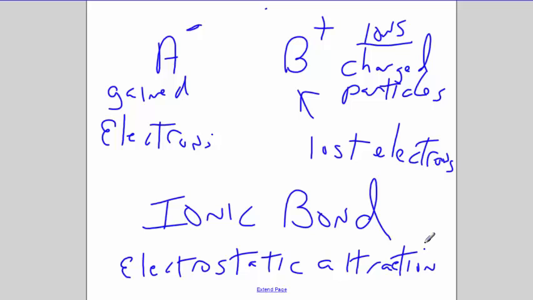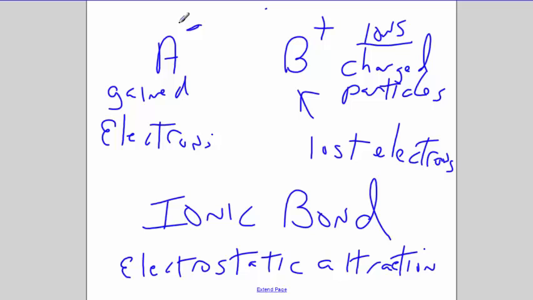Oh, see, there was a reason we talked about trends. Because the closer they are together, up to a point, the stronger the attraction, and the farther away they are from each other, the weaker the attraction. And it depends on the strength of these charges. Are they +1, -1, or +2, -2, and so forth?